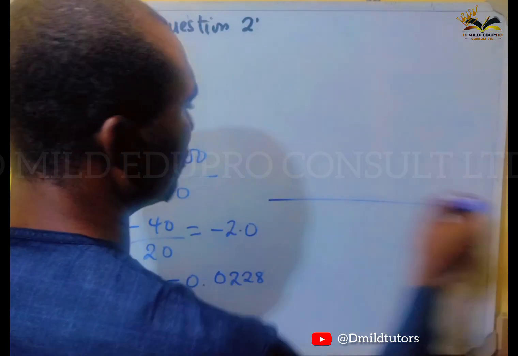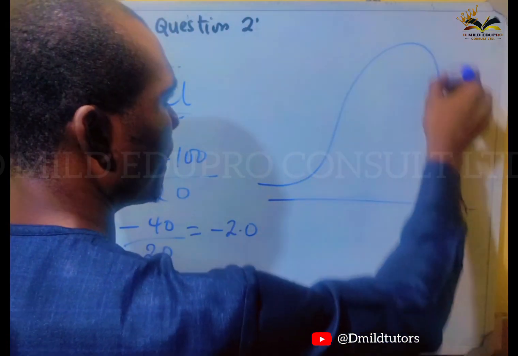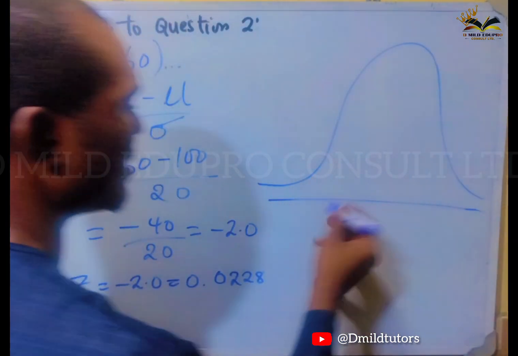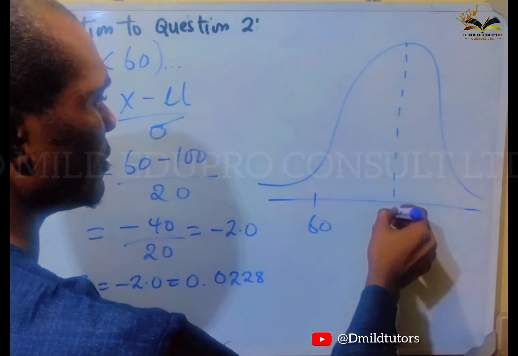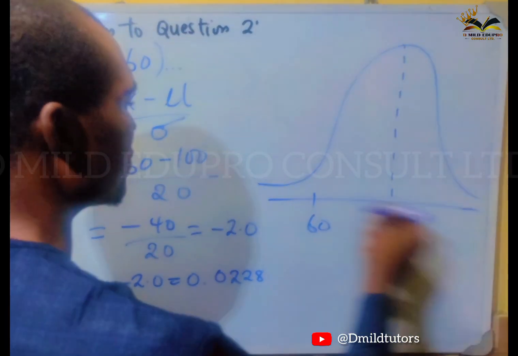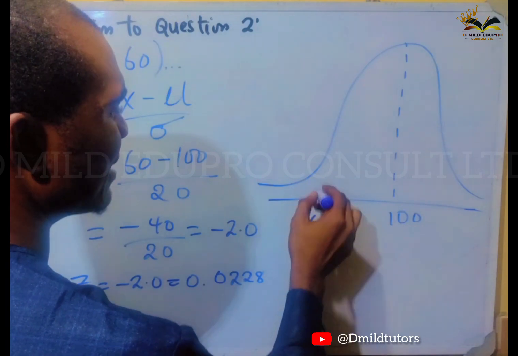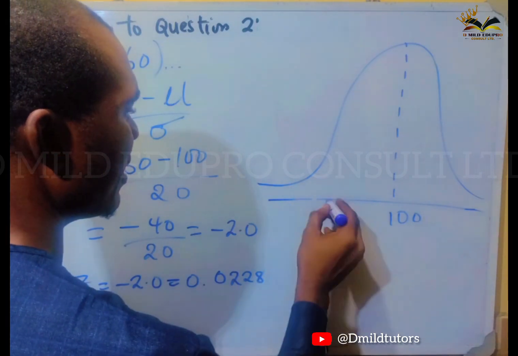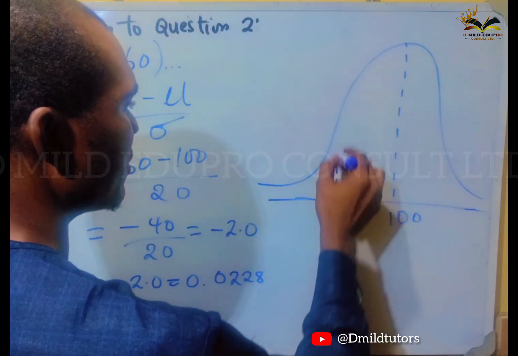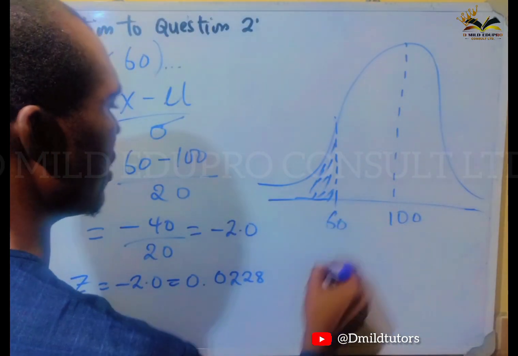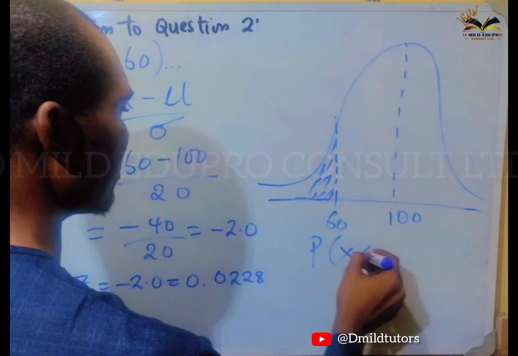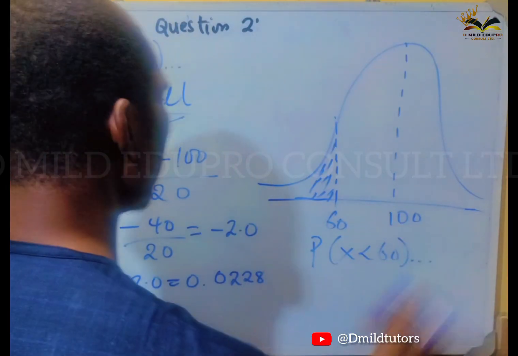Like I told you, the normal curve will come this way. But since it is less than 60, here can be 60, this middle can be 100, and so on and so forth. Let's shift it a bit so we have enough space. So here is what you are going to shade. This is 60. So this is the probability of x less than 60. Now this is what you do.